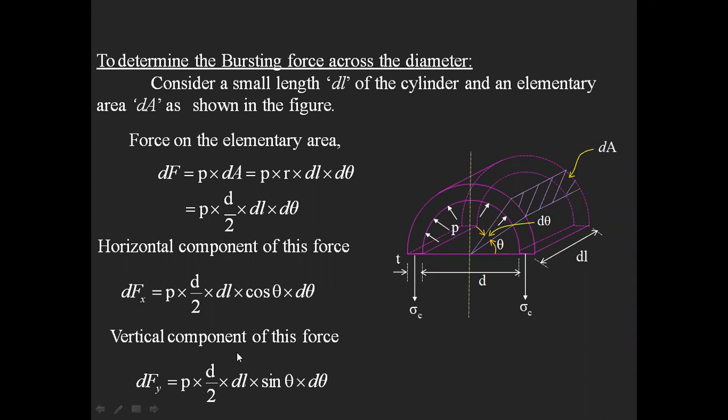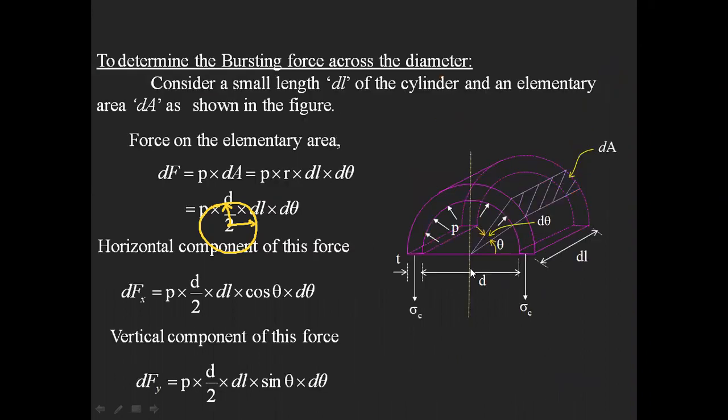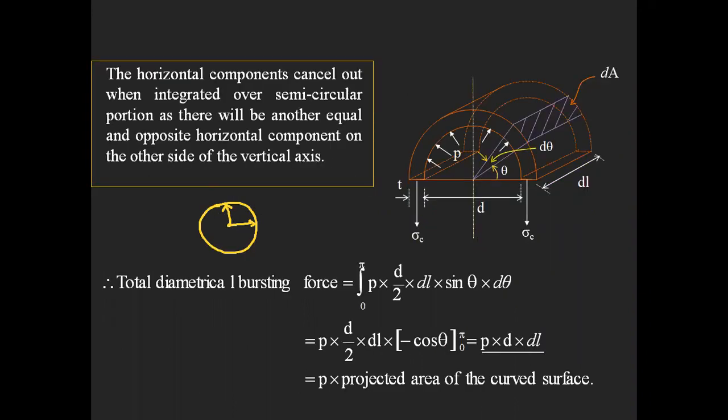We divided this force into horizontal and vertical components, right? Next, which force is making your cylinder burst? Tell me. Horizontal or vertical? Vertical, sir. Vertical force is making your cylinder burst. What about horizontal? Horizontal will be considered in terms of longitudinal stress.